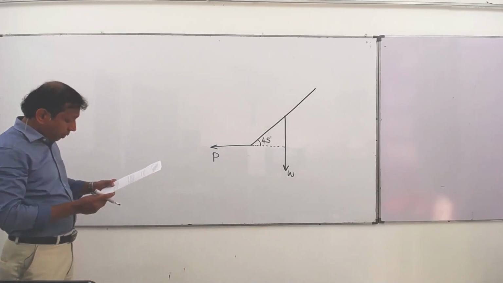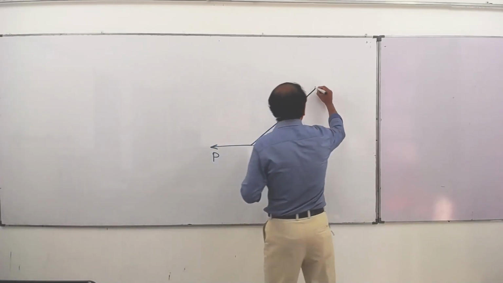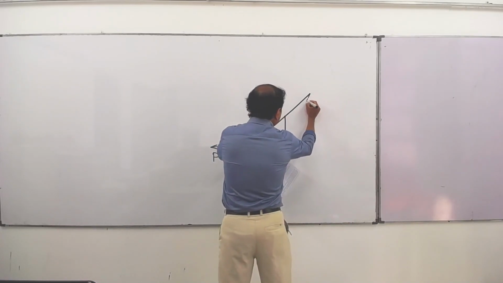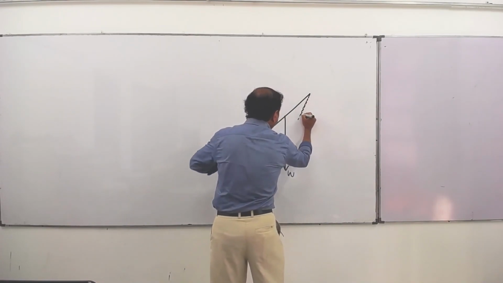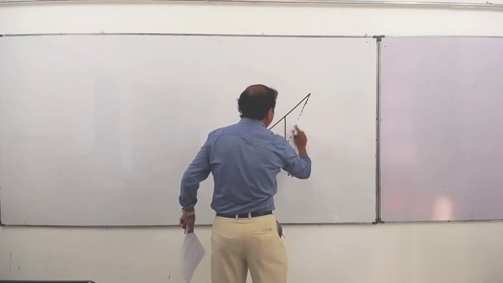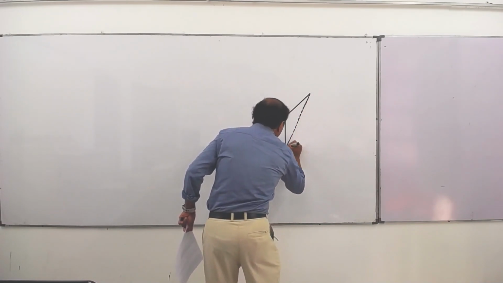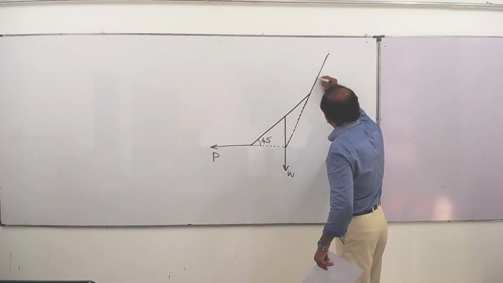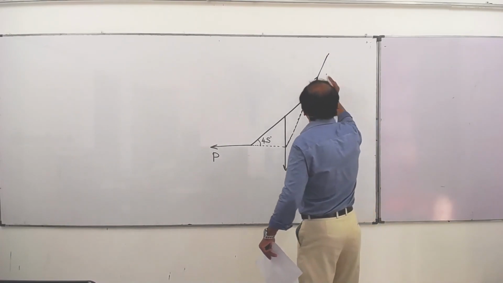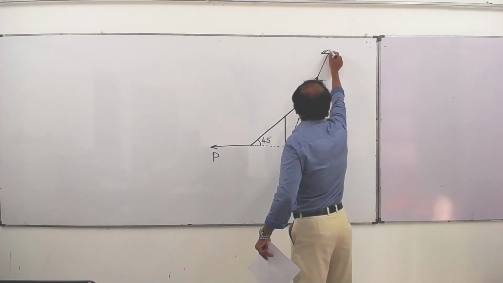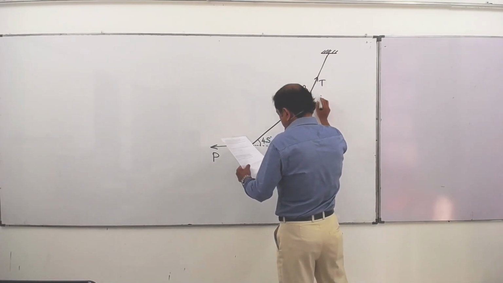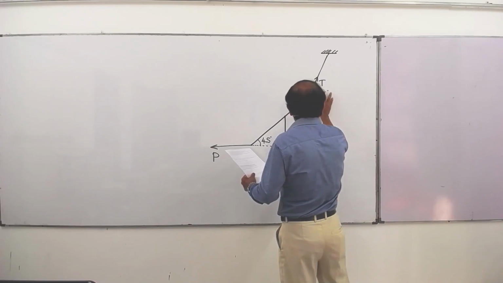At the end B, the string is joined to the uniform rod. Now the tension T should act here. That tension T acts along the string, this way. This point is B. We are given this angle theta.